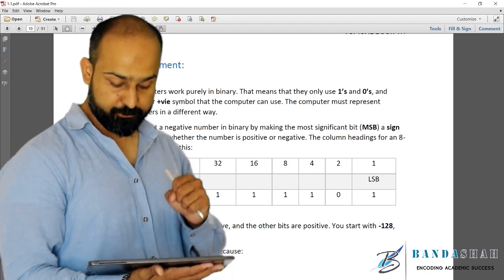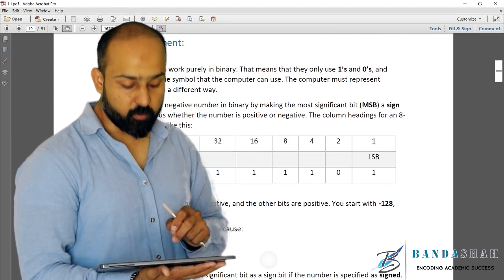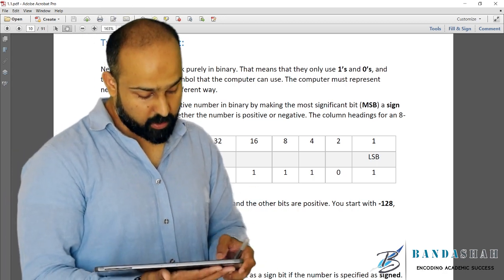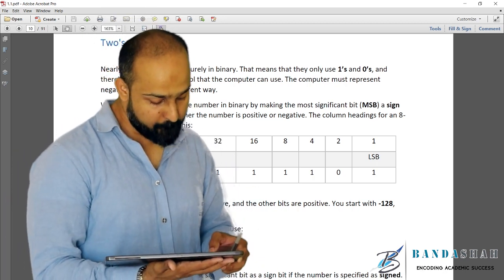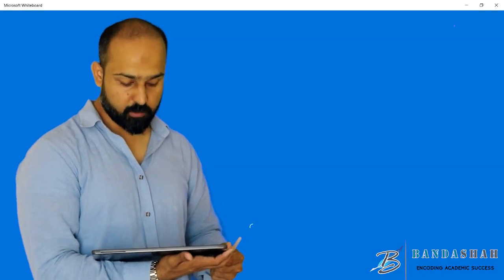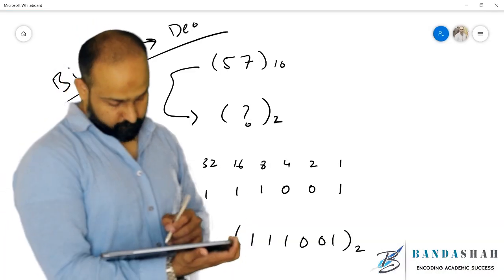2's complement. So how does 2's complement work? There are two different methods. Both of them actually need to be done today. Let's start doing it.